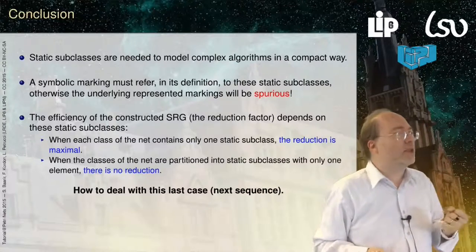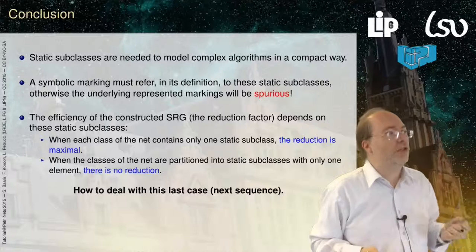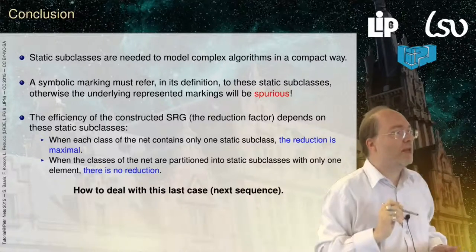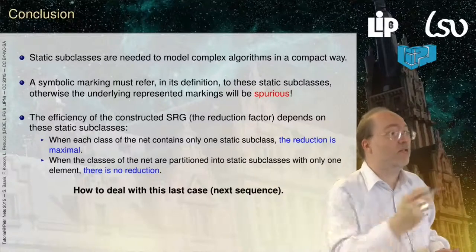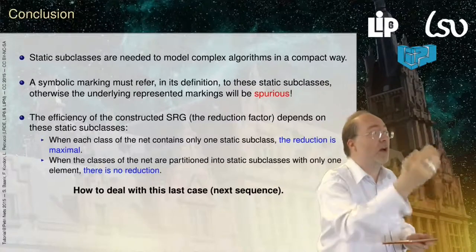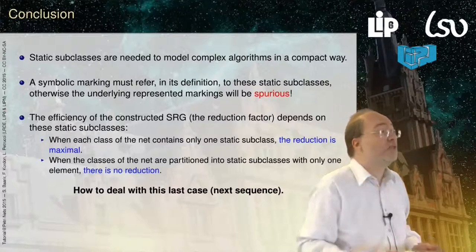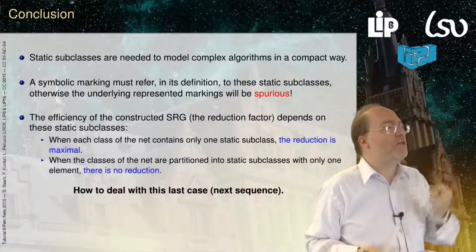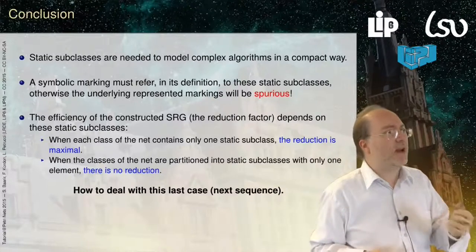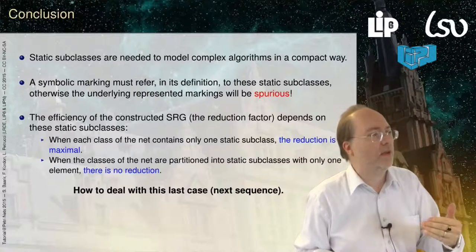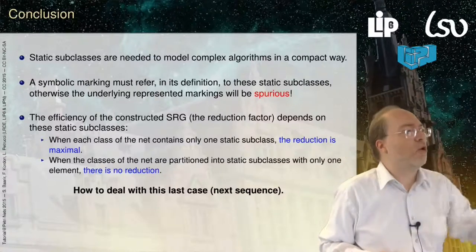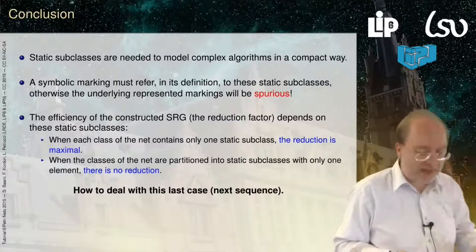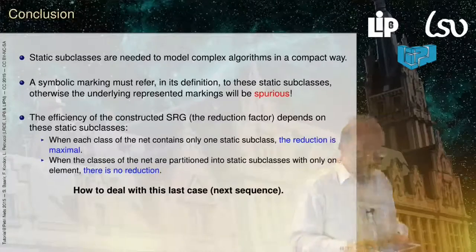And in that situation, you cannot use static subclasses because each time you change the value of the query, you will change the static subclasses. So you are typically in a situation where the static subclasses are useless. Okay, but you know that when you're considering one X, in fact, you have one X on one hand, but you have all other values but X on the other hand. Okay, and you can see that this symmetry stuff still applies.